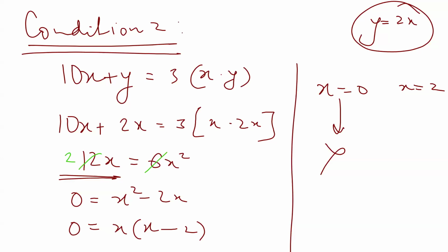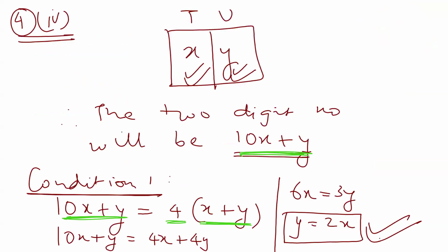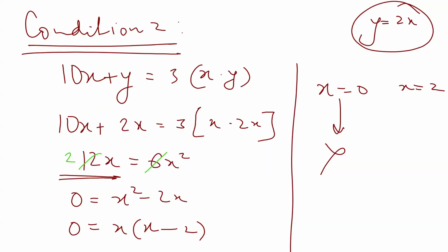See, x is the tens place. Can the tens place be 0? I'm asking you something. If you just revert, that will be good. Can the tens place be 0? No. The tens place cannot be 0, because if the tens place is 0, then it won't be a two-digit number. So x is equal to 2. Y is equal to 2x, 2 into 2, which is 4.